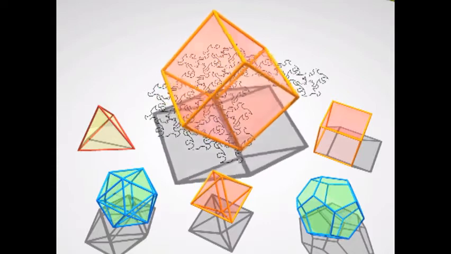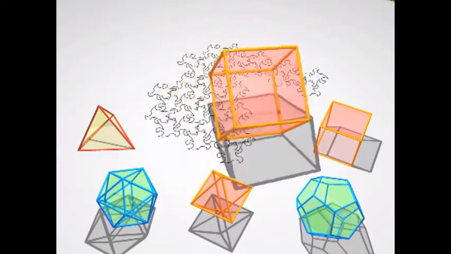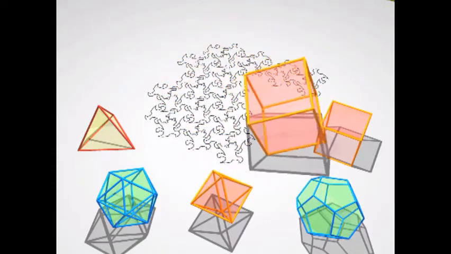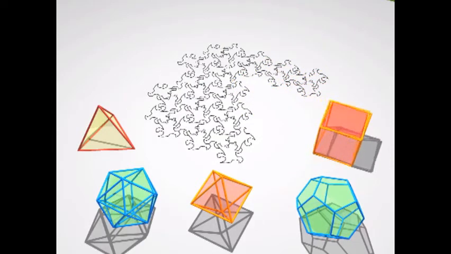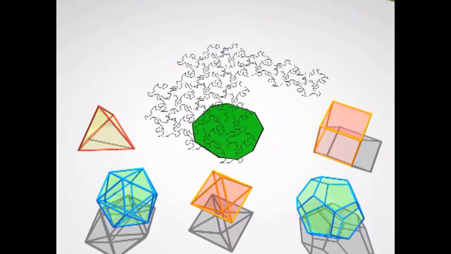That was a cube. It's getting hard, isn't it?